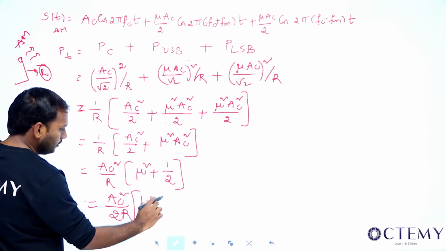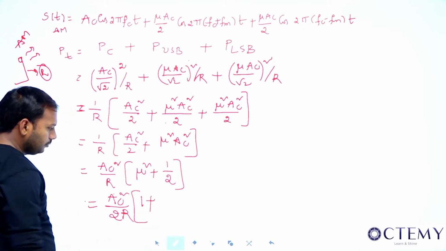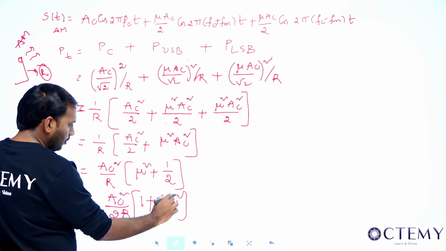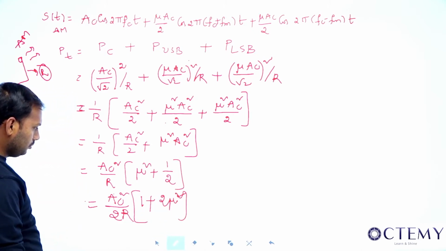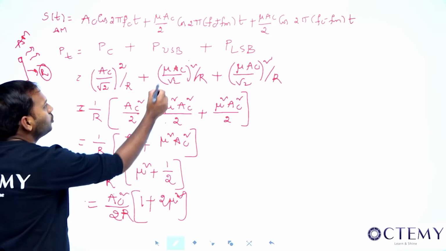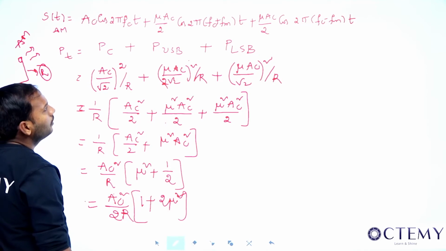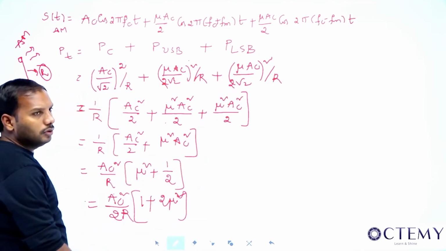1 plus... here it is 2 root 2, right? So mu Ac by 2 root 2 whole square. Here also mu Ac by 2 root 2 whole square by R. Why?